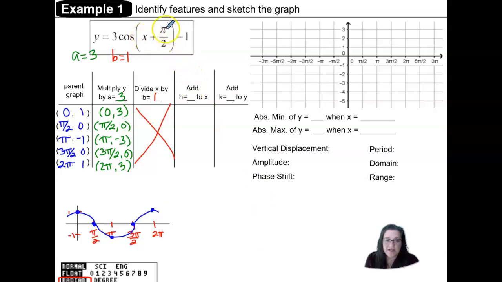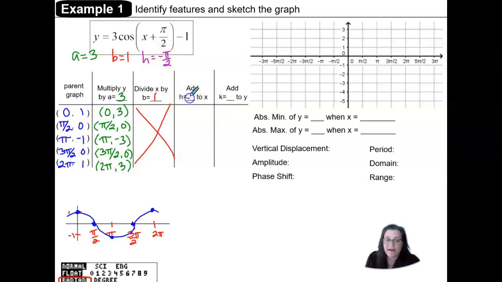The h is the opposite sign of what we see in these parentheses, because remember the transformation form is x minus h. Since we have x plus pi over 2, the h is a negative pi over 2, which is going to shift this graph to the left since it's a negative.